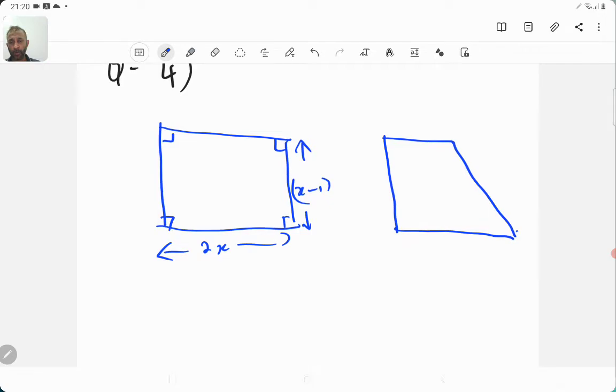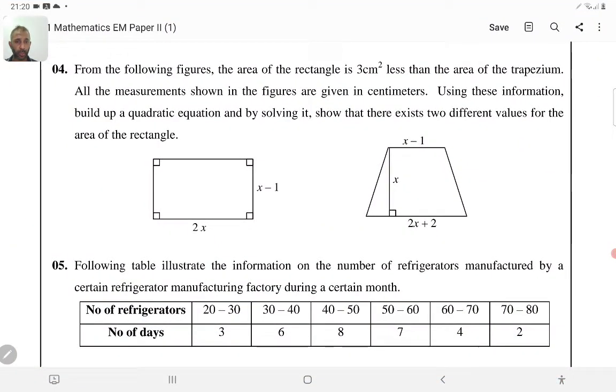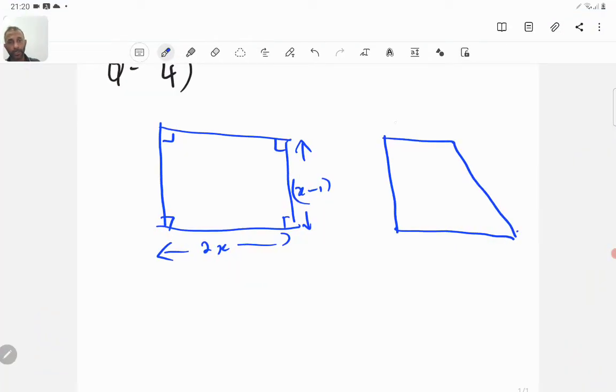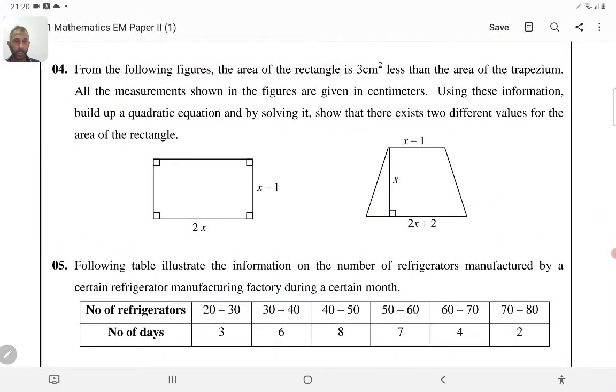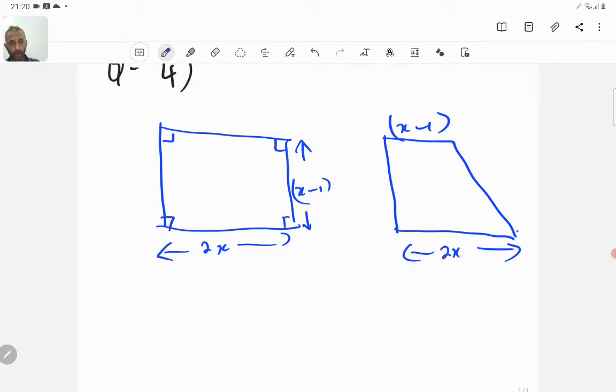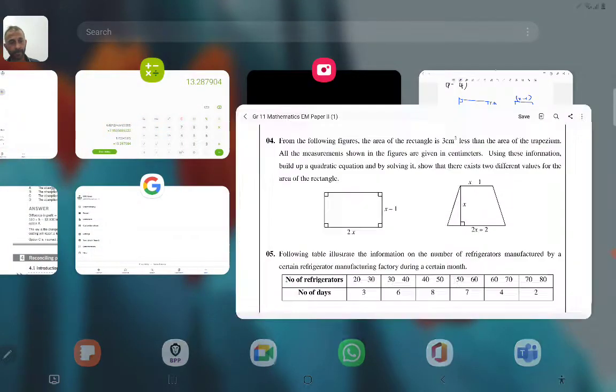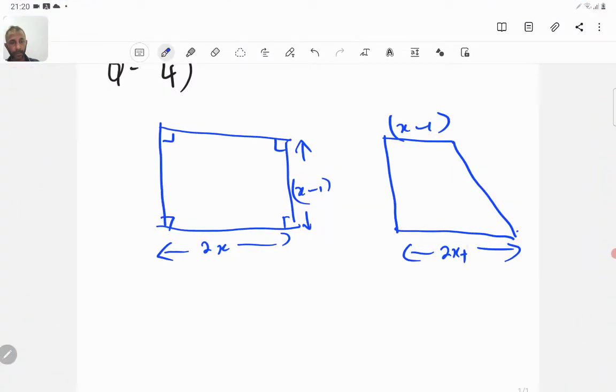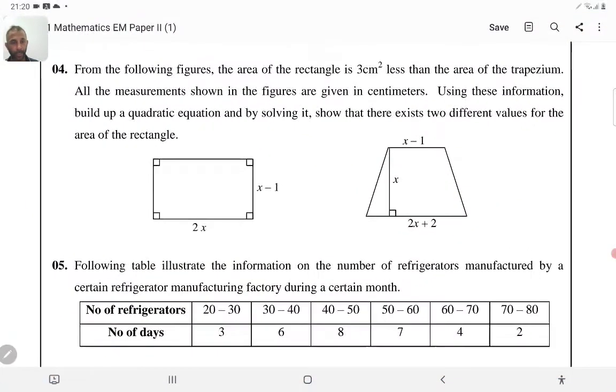And then they also gave us the measurements for the trapezium. This is x minus 1, and this is 2x plus 2. And the diagram is slightly like this, and the vertical, perpendicular height is x.